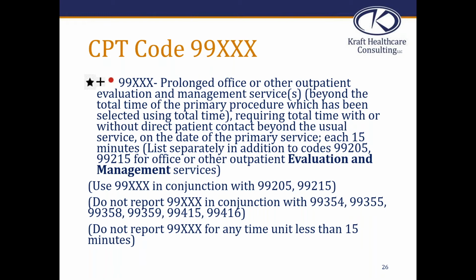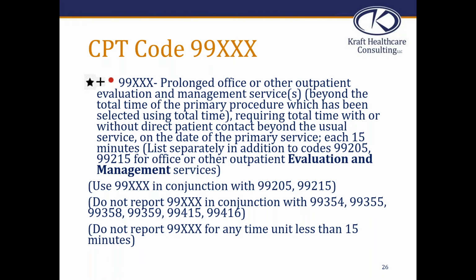The new description: prolonged office or other outpatient evaluation and management services beyond the total time of the primary procedure, which has been selected using total time, requiring the total time with or without direct patient contact beyond the usual service on the date of the primary service, each additional 15 minutes.